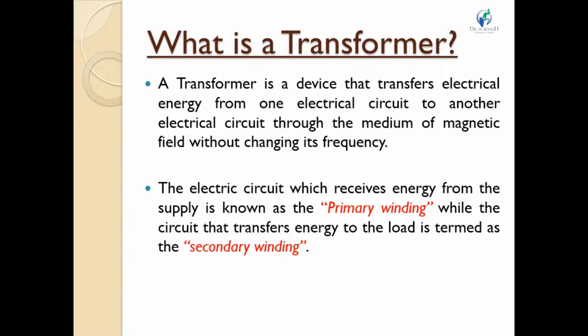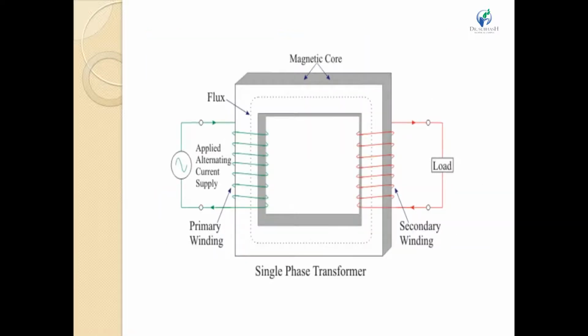The construction of a single-phase transformer is very simple. Here is the figure of the single-phase transformer. The winding connected to the AC supply is called the primary winding, whereas the other is called the secondary winding.